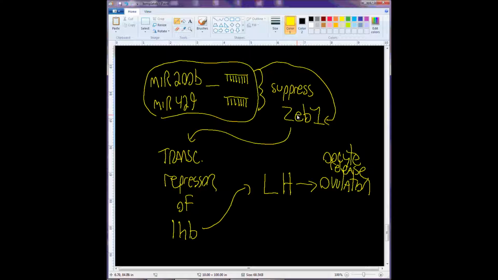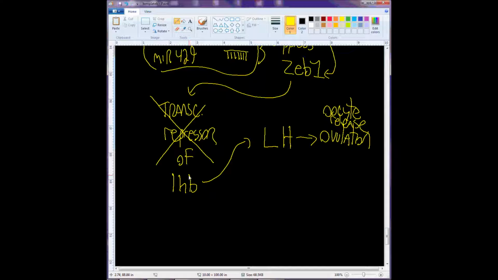The ZEB1 protein levels go down. As a result, it cannot repress the LHB gene. As a result of failure to repress LHB, luteinizing hormone goes up, and because luteinizing hormone goes up, the ovaries go through ovulation and release the oocytes. Okay, so that's the mechanism, and that's what we can learn from this study. And because humans conserve all those genes, it probably works the same way in humans.